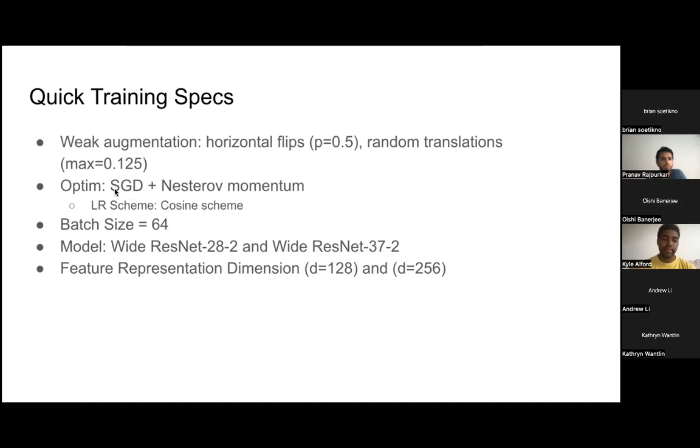They used SGD with Nesterov momentum. With the cosine learning rate scheme, they used a batch size of 64, and they used a wide ResNet. And then for here, they varied for the experimentations. They varied using both a wider ResNet and then also a larger representation dimension for the representations used in the self-supervised loss.